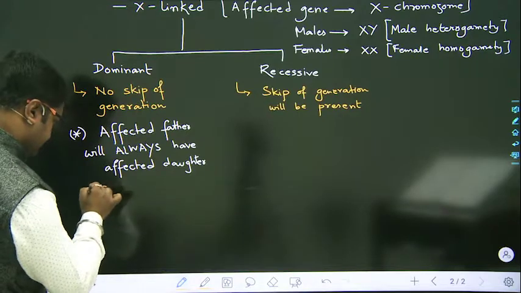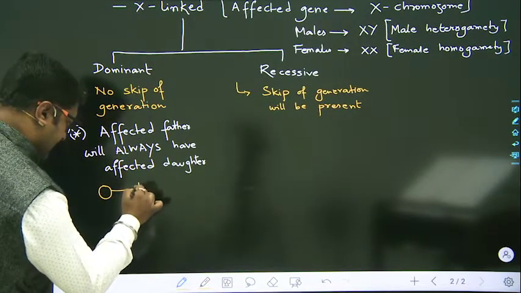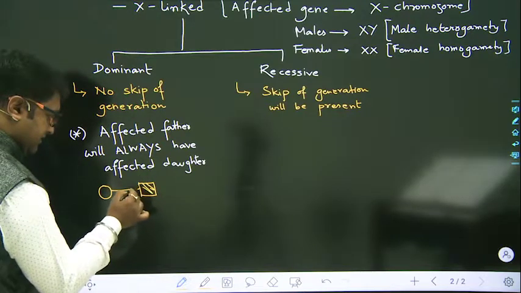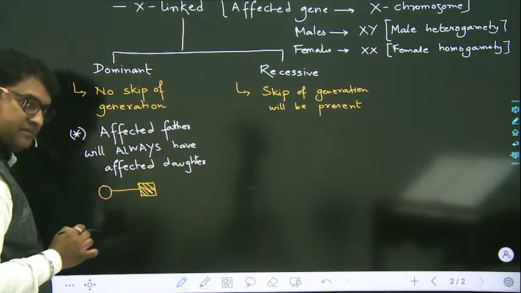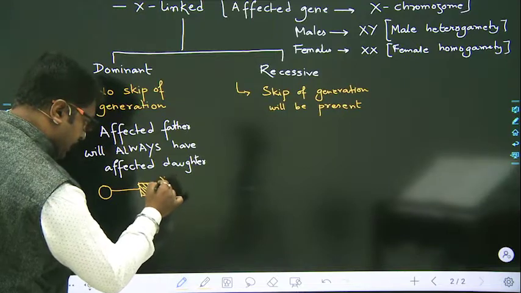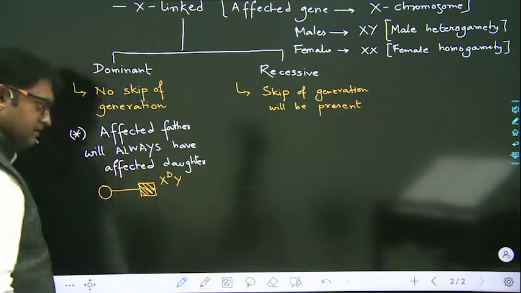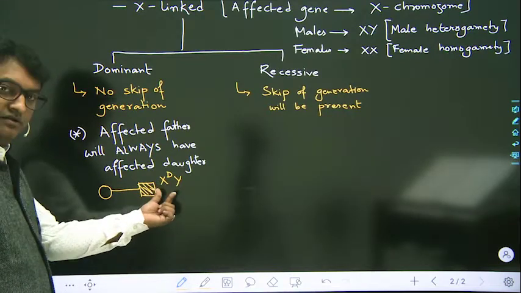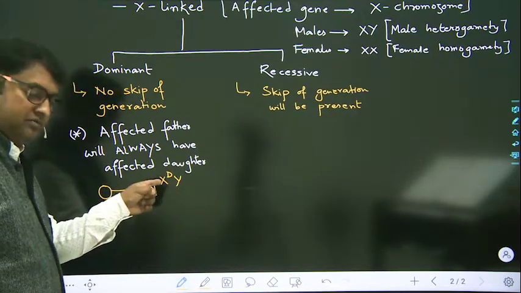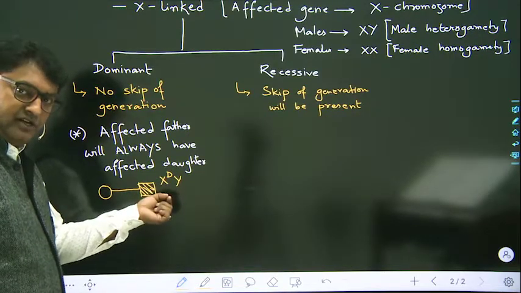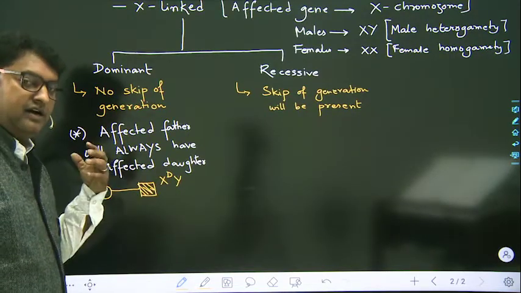Suppose this is the mother and this is the father, and the father is affected here. The X chromosome has a single presence of the dominant gene. Here the father cannot be a carrier.